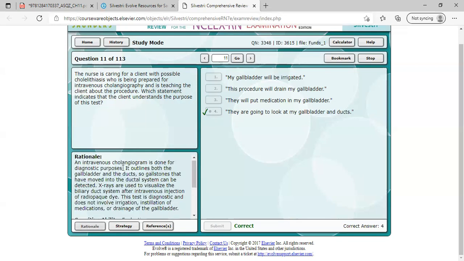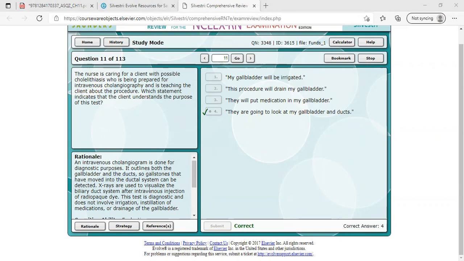An intravenous cholangiogram is done for diagnostic purpose. It outlines both the gallbladder and duct. And so gallstone that have moved into the ductal system can be detected.